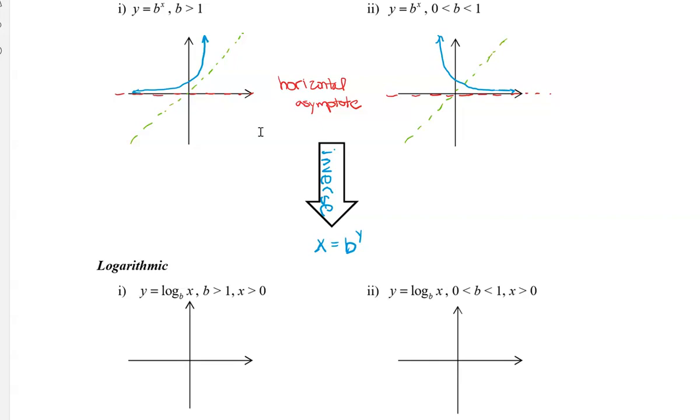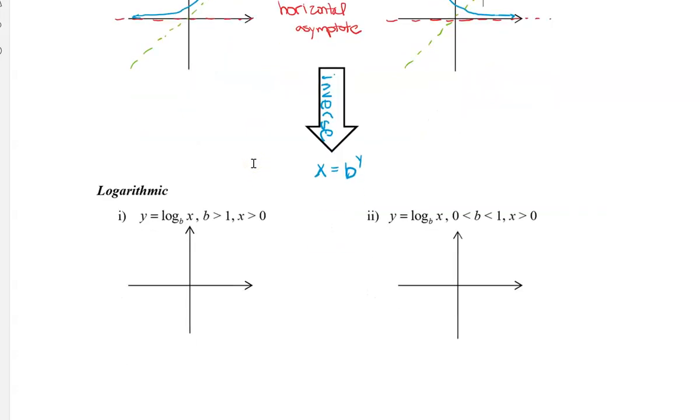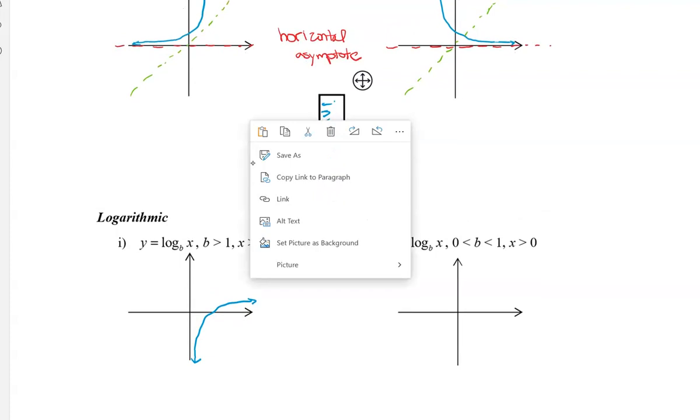If I draw the reflection of this blue graph, y equals b to the x, when b, the base, is greater than 1, I'm going to get a graph that starts down here and then swoops to the right like this.